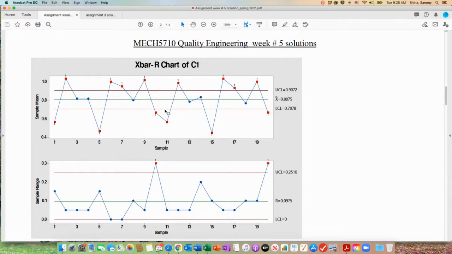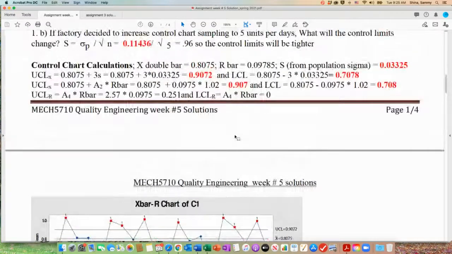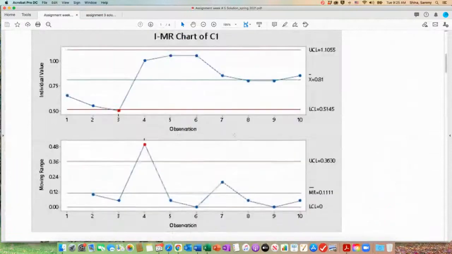Okay, so this is the X bar R chart with the 3 sigma limits, and then the range. The upper and lower control limits represent the 3 sigma limits, and you get those from a table, as we did in week 5. Now, if you are working in a factory which doesn't make a lot of parts, such as aerospace or rockets, where you don't make thousands of parts a day, maybe a few a day, we have control charts for individuals, which we call the moving range chart.